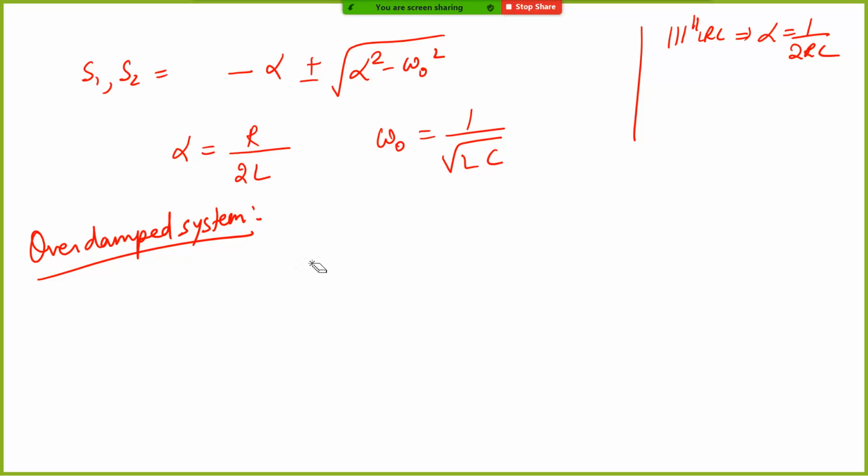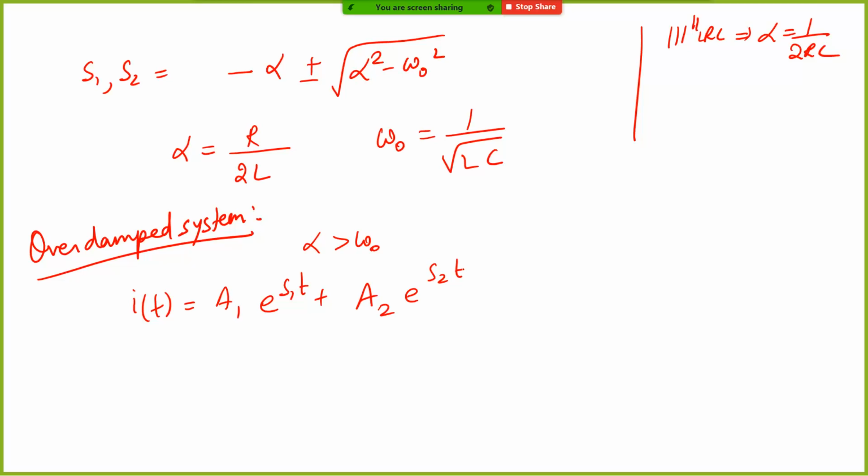For an overdamped system, what did we say? The radical remains positive, so alpha is greater than omega naught. Which means I of t is given as a1 e to the power of s1t plus a2 e to the power of s2t. Similar to our parallel RLC, the only difference is that the alpha value has changed.